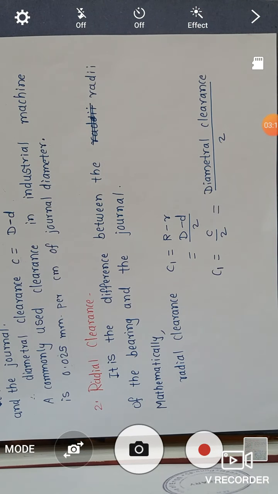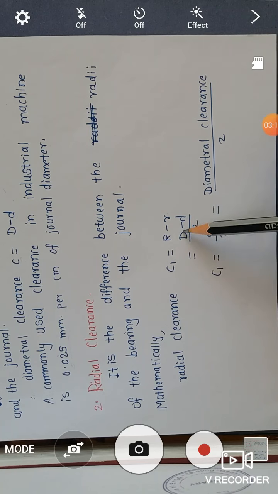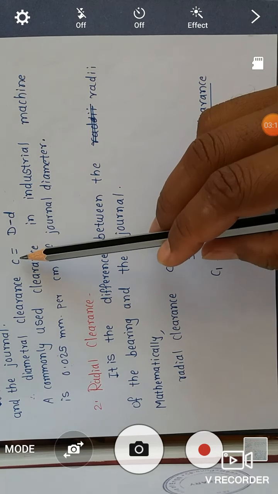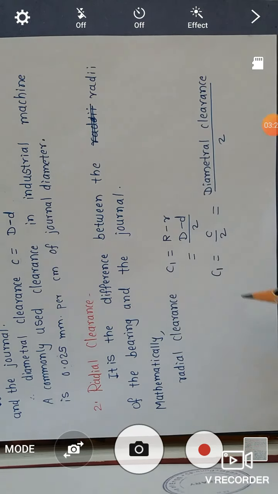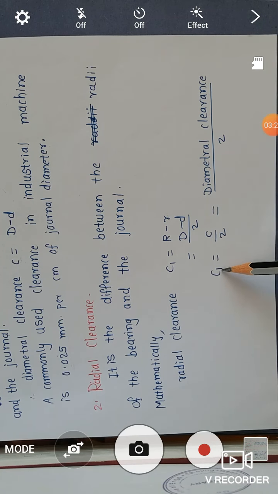In terms of diameters, it is equal to (D minus d) divided by 2, but we know that D minus d is the diametral clearance C. So in place of D minus d we substitute C. Therefore C1, the radial clearance, is equal to diametral clearance C divided by 2. This is the radial clearance.